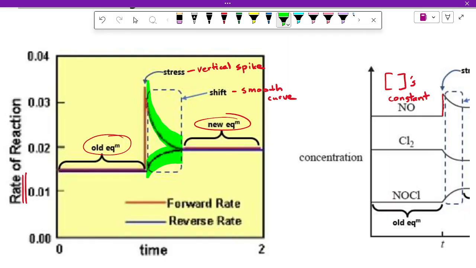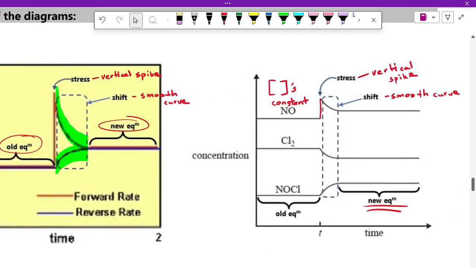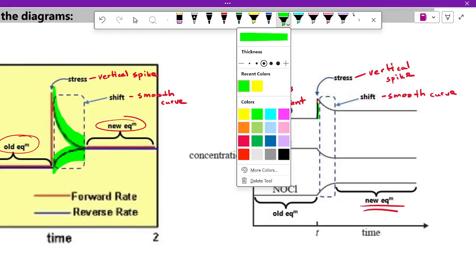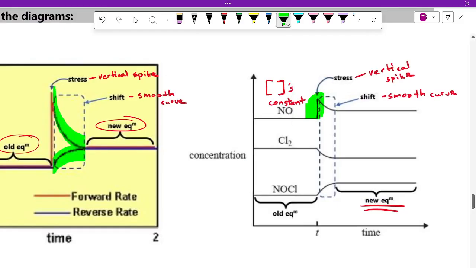They both end up at a higher level than before. So the rate ends up being faster than before because there's simply perhaps more particles in the system. So you would start maybe with more reactant, let's say, and then you would end up with more reactant and more product, so everything would be faster.